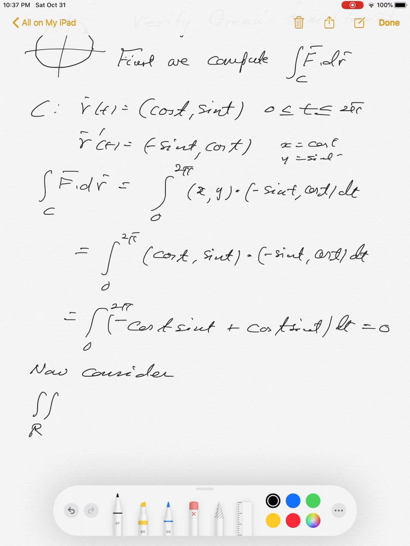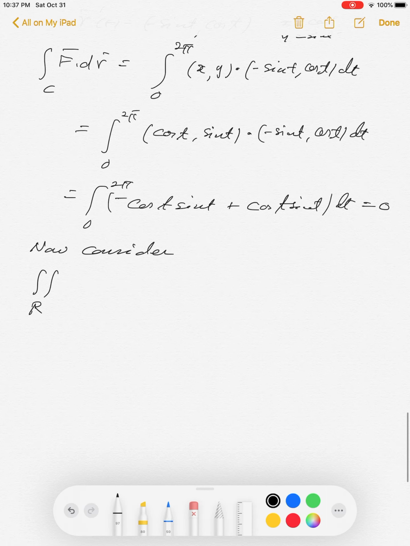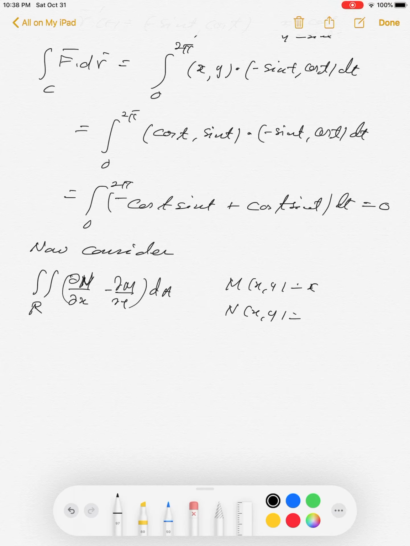Now let's compute the double integral on R of dn/dx minus dm/dy. So what were m and n? m of x, y was just x, n of x, y was y. So therefore dn/dx minus dm/dy is just 0.